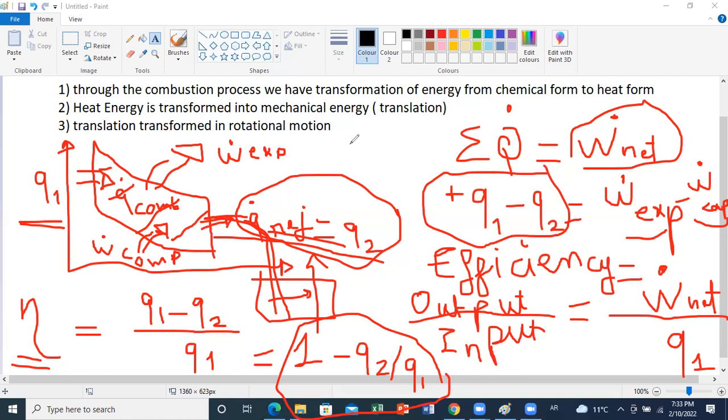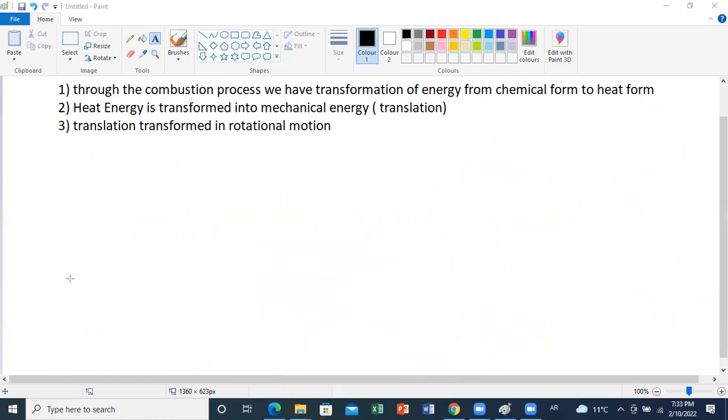In general, whenever I have an internal combustion engine, it will provide you with some important characteristics. For example, the first characteristic is the compression ratio.